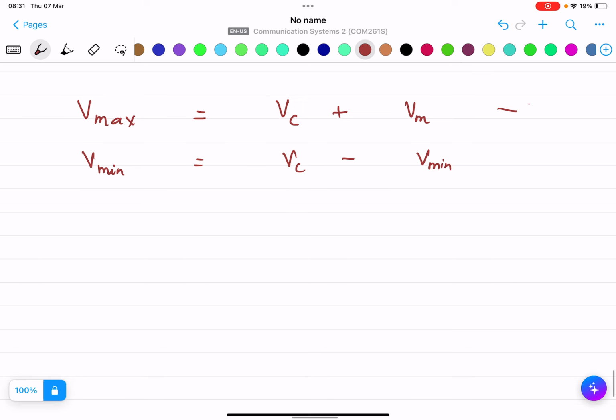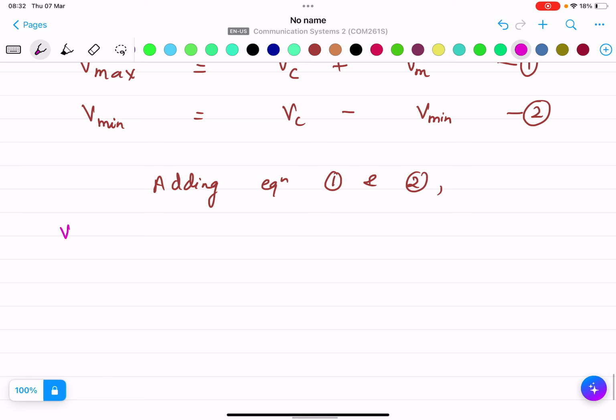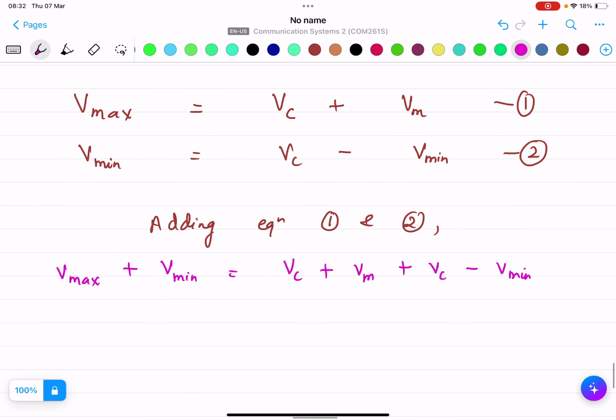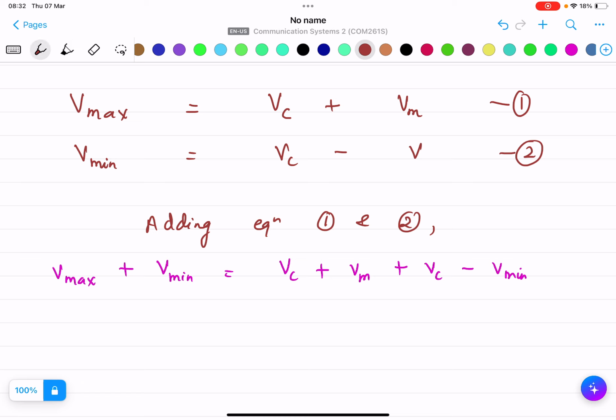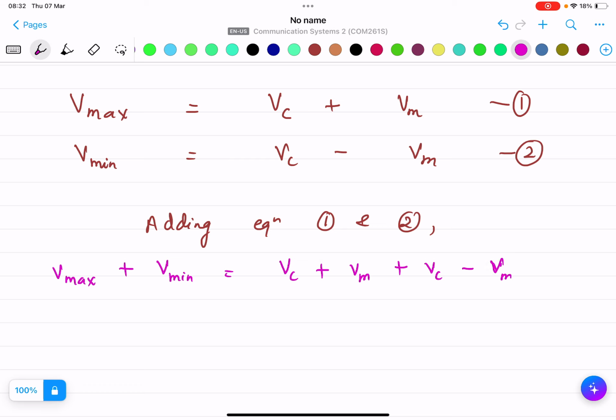So adding equation 1 and 2, we will get Vmax plus Vmin equals to Vc plus Vm plus Vc minus Vm. Okay, this is Vm here, and here also this is Vm.